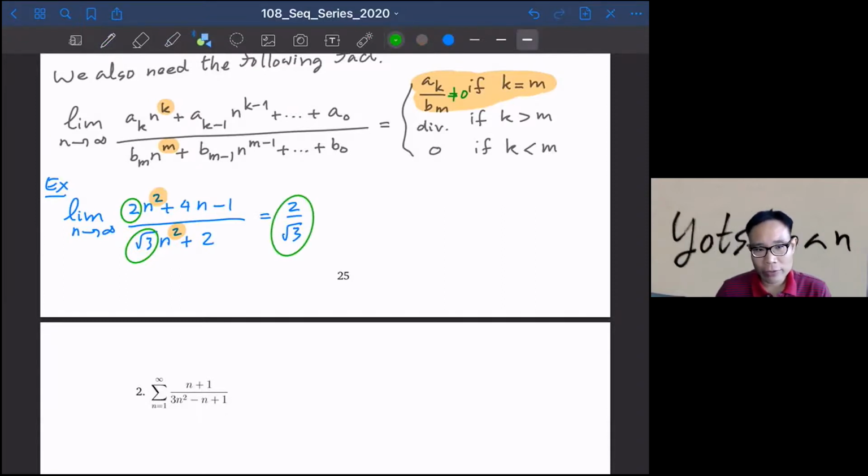So this limit turns out to be not equal to 0.